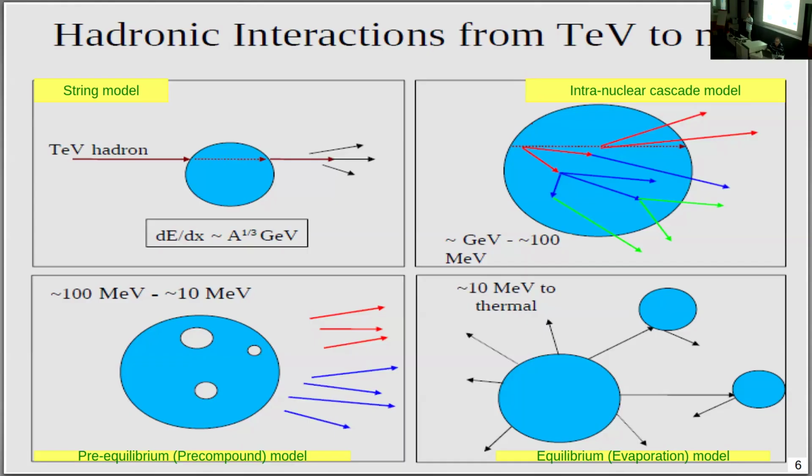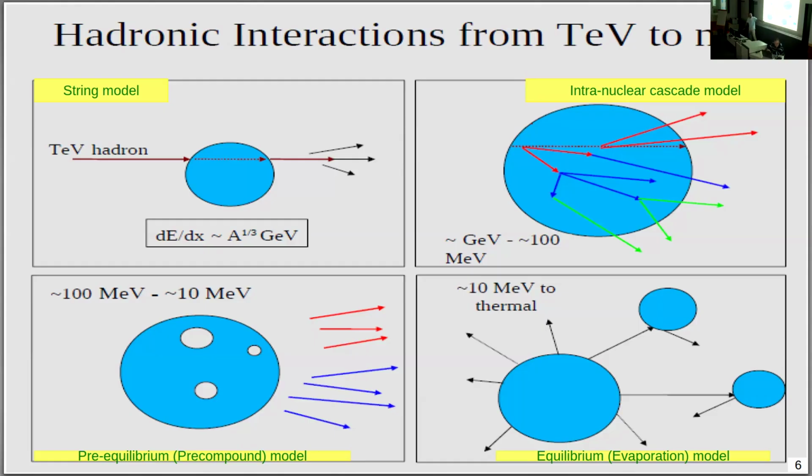And this system goes into a statistical thermodynamical equilibrium, but still excited, which is the last step, through the emission of light fragments like deuteron, tritium, or proton, neutron, and gammas.